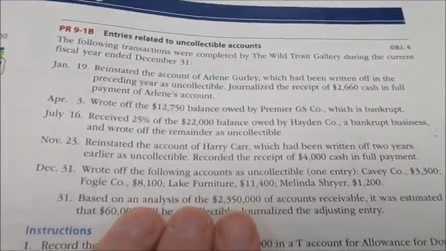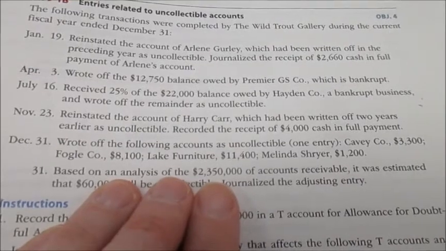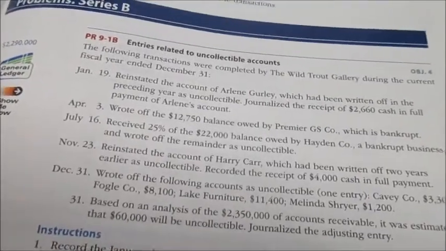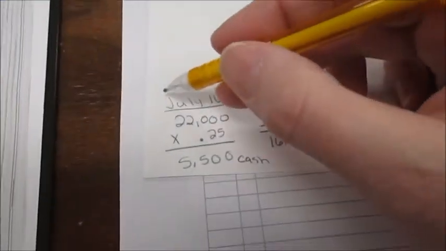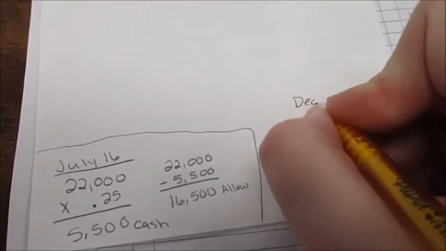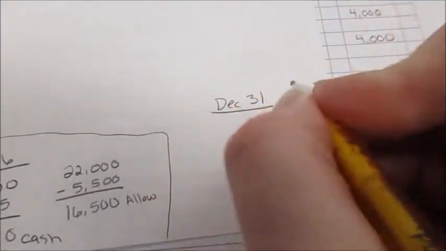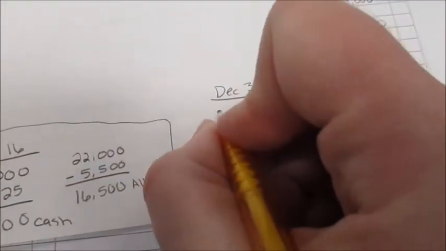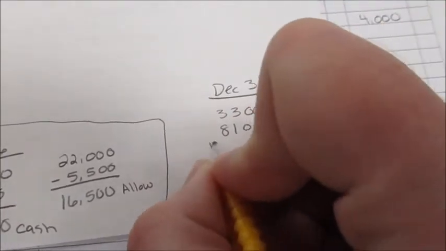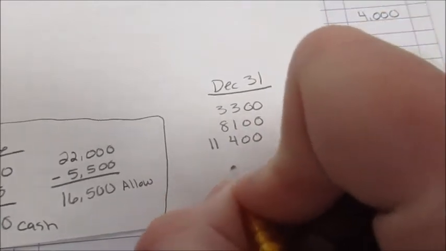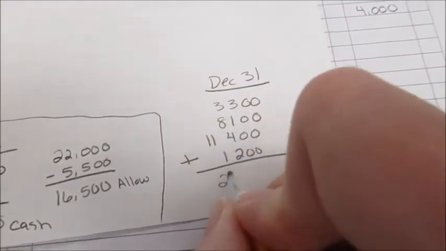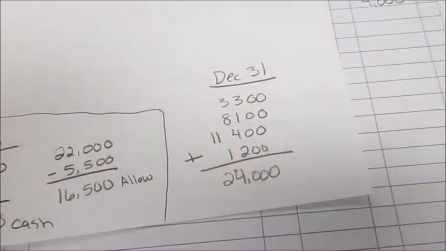Okay. December 31st, wrote off the following accounts as uncollectible, and then it gives us a list of 4 accounts. So the first thing we're going to do is grab our scrap paper here. Put a line here, and this is December 31st. So we have 3,300, 8,100, 11,400, and 1,200. And we're going to add all these numbers together, and we get $24,000.